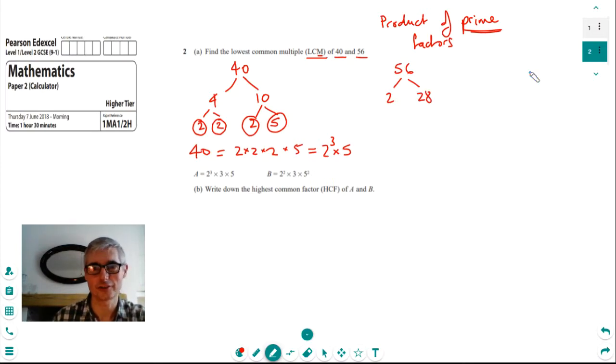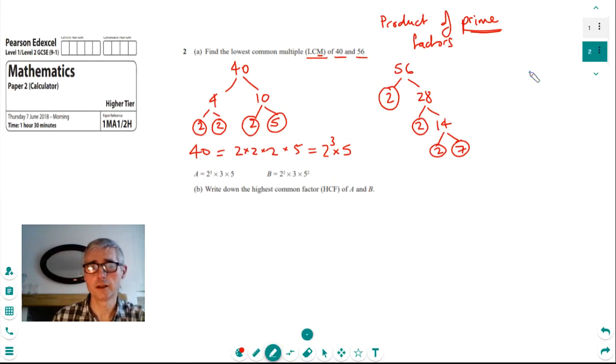We've reached the end on this line, 2 being a prime number, but we take the 28 further. The 28 could be written as 2 times 14. The 2 is a prime number, circle that. Again, split the 14 up. The 14 can be written as 2 times 7, both of which are prime numbers.